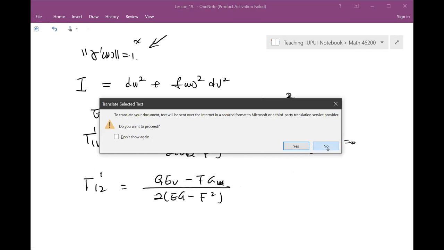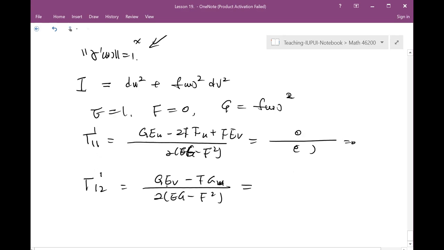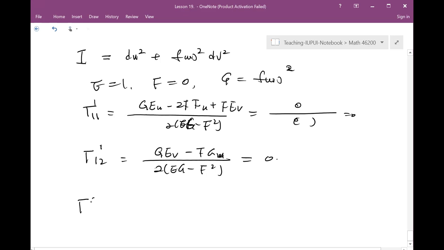This is also equal to 0, because E is a constant and F is 0. Then gamma 1 2 2 is 2G F_v, that's 0, minus G G_u, minus F G_v, that's 0, over EG minus F squared.